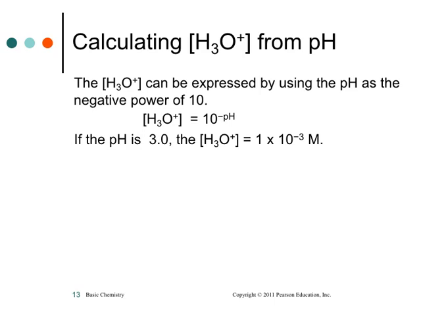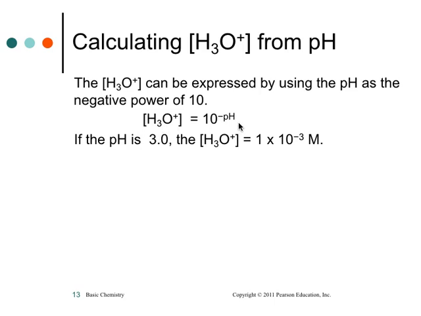Calculating hydronium from pH. All right, now this is essentially going backwards. If your pH is the negative log of the concentration, then how do you go backwards? So, if you remember, the pH is going to be the negative log, which is the exponent. What power do I need to raise 10 by to get a certain number?